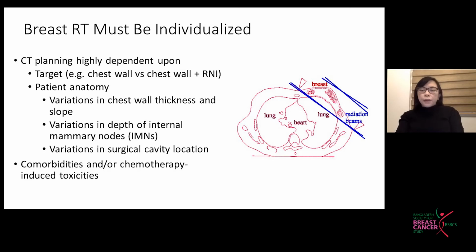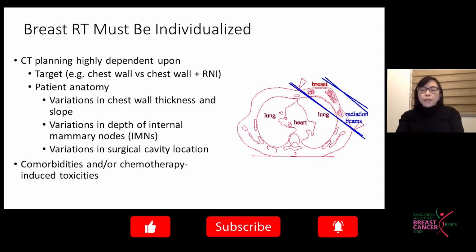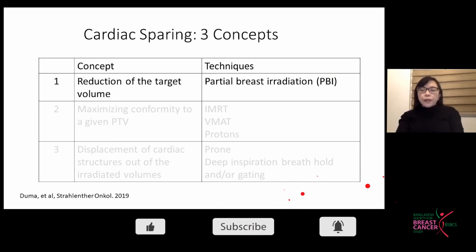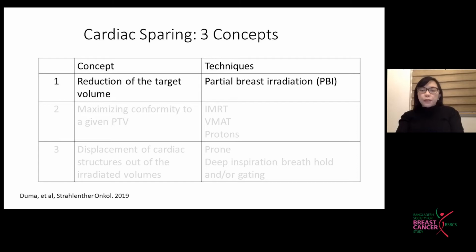We all know there are different variations in chest wall technique, for instance, or different variations in the depth of the IMNs, etc., as well as patient-specific factors like comorbidities and chemotherapy-induced toxicities. So it really requires the team of therapists, physicists, and physicians to be at the actual simulation planning to make the final decision.